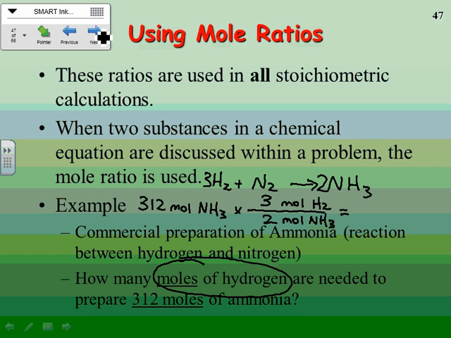Moles of NH3 cancels out. Yeah, I forgot about that, didn't you? Okay. 312 times 3 divided by 2. And then we're going to end up with, I don't know how many moles of hydrogen. Let me work this out. 468.